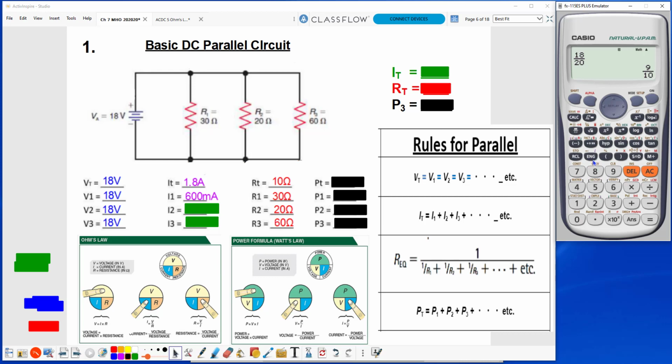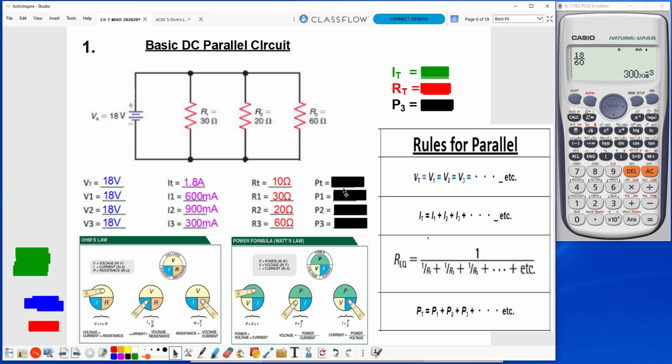I hit equals, hit engineering. I have 900 milliamps for I2. For I3, I'm going to change the R3 to 60 ohms, and that gives me my I3 value of 300 milliamps. 300 milliamps, 900 milliamps, and 600 milliamps will add up to 1.8 amps.